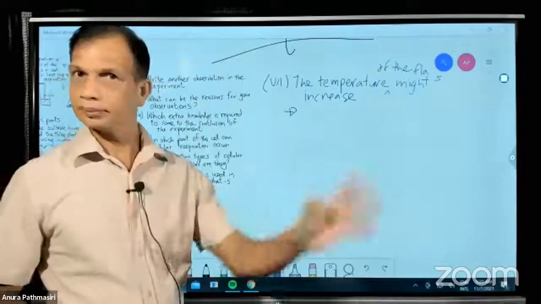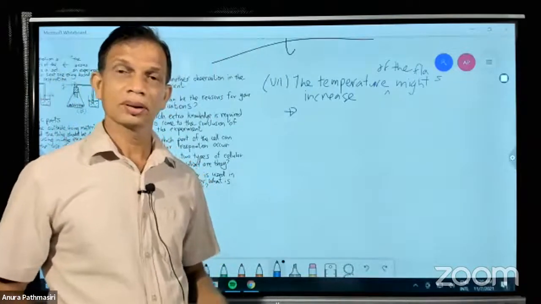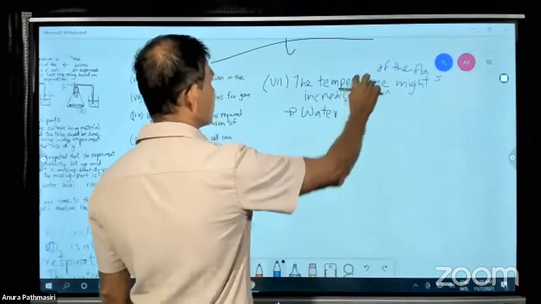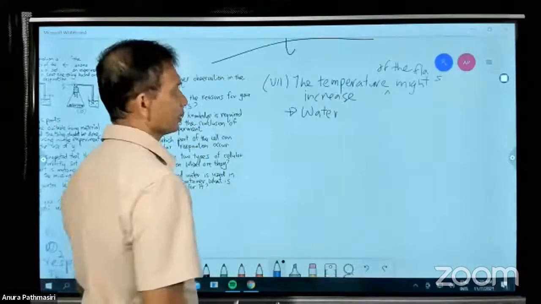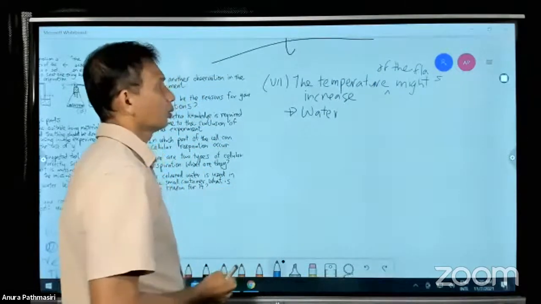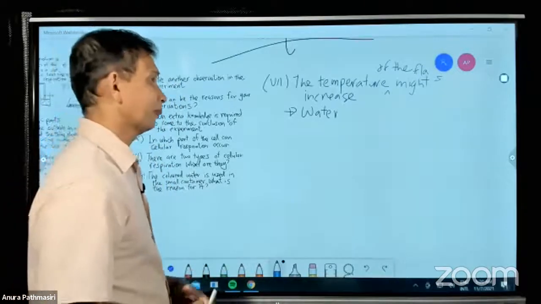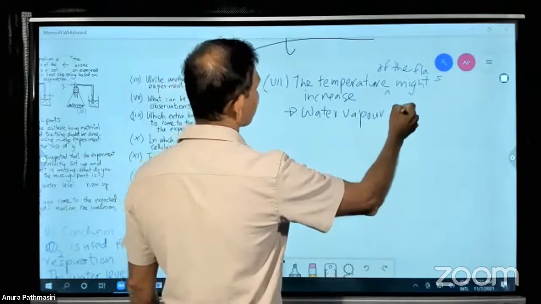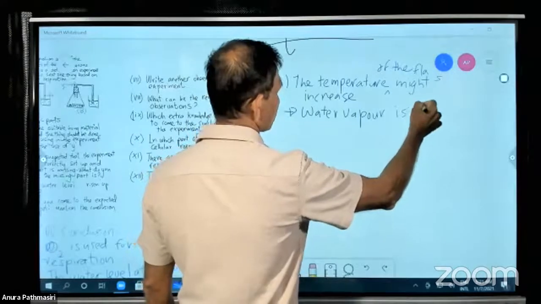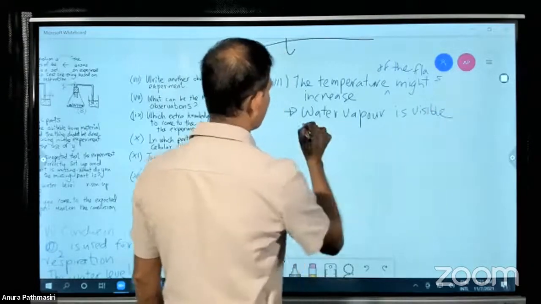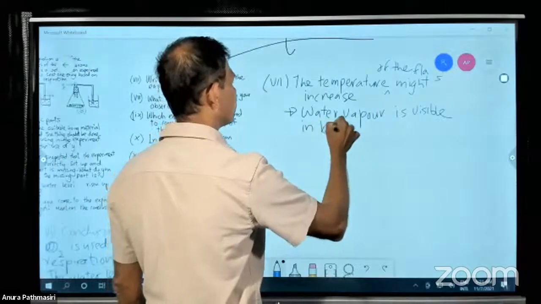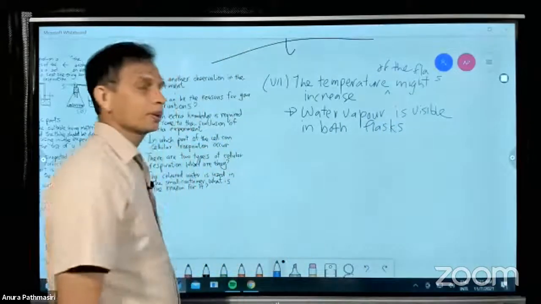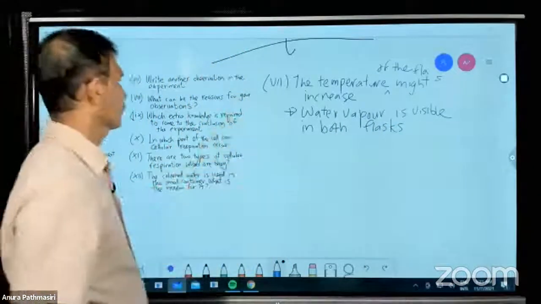Water vapor. This, of course, will not be visible or observable, right? The temperature, but water vapor is visible in both flasks everywhere.